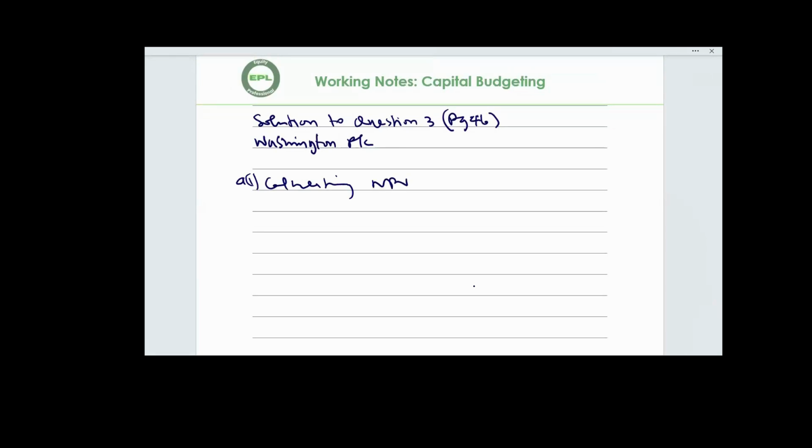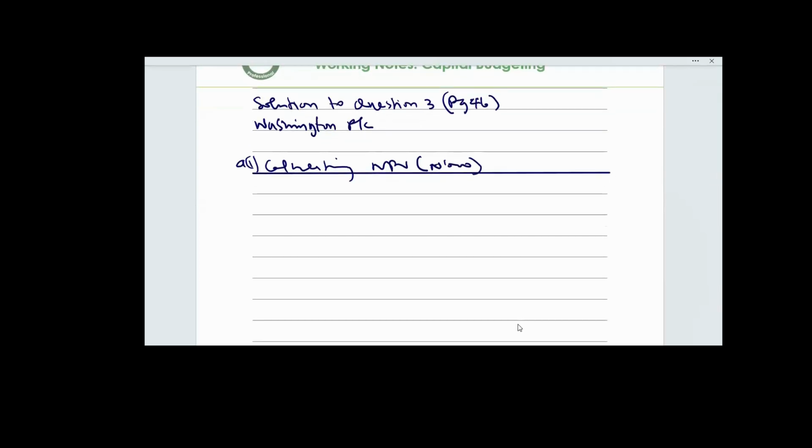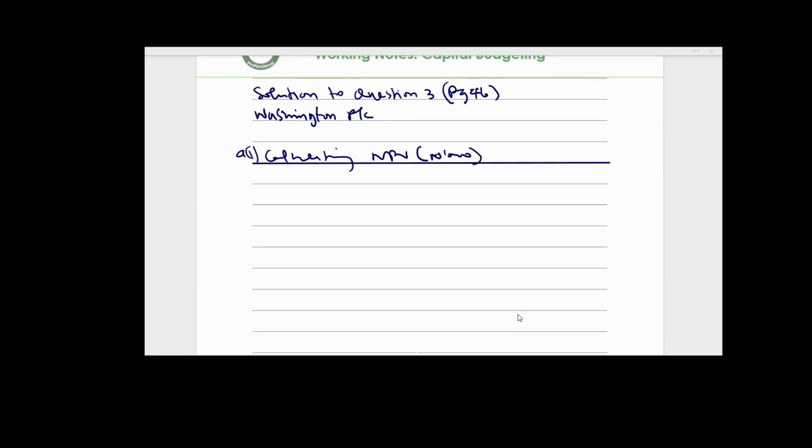You can put your figures in million or in thousands, depending on however you want to do it. Just make sure that you are consistent. I will then go back to the question. What's the useful life of the project? According to the question, the project's useful life is 4 years. Then I need to go back to the section where taxation is mentioned.